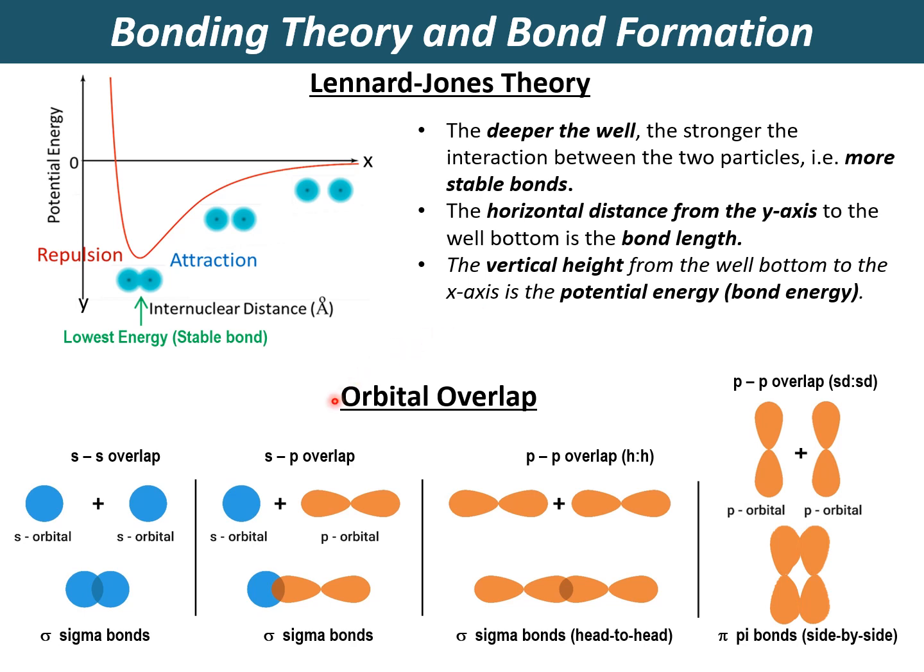Now, when we form these new bonds, we have orbitals that overlap. And this diagram shows you the type of overlap we can have. S orbitals only form one way. There's no such thing as a head-to-head or side-to-side because it's a sphere. It's a marble or a ball.